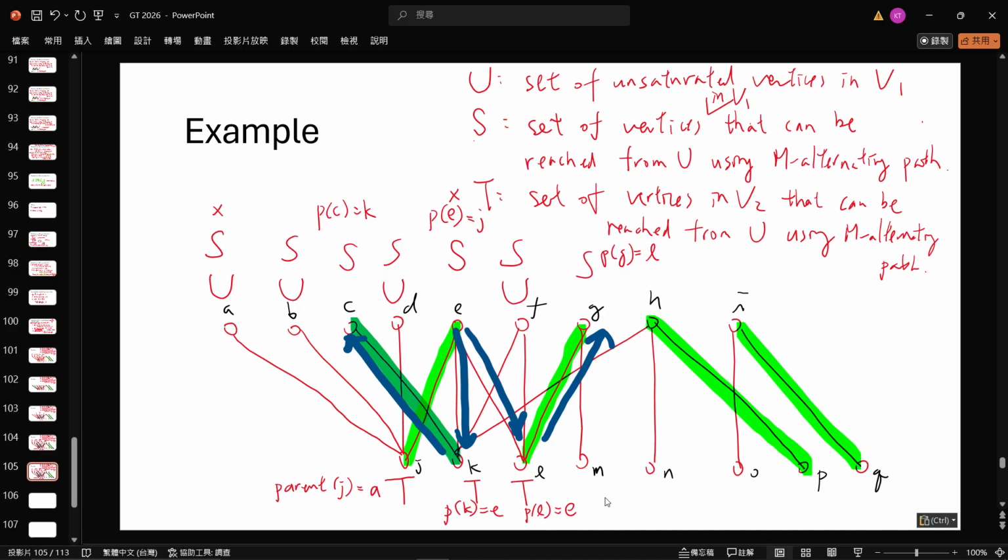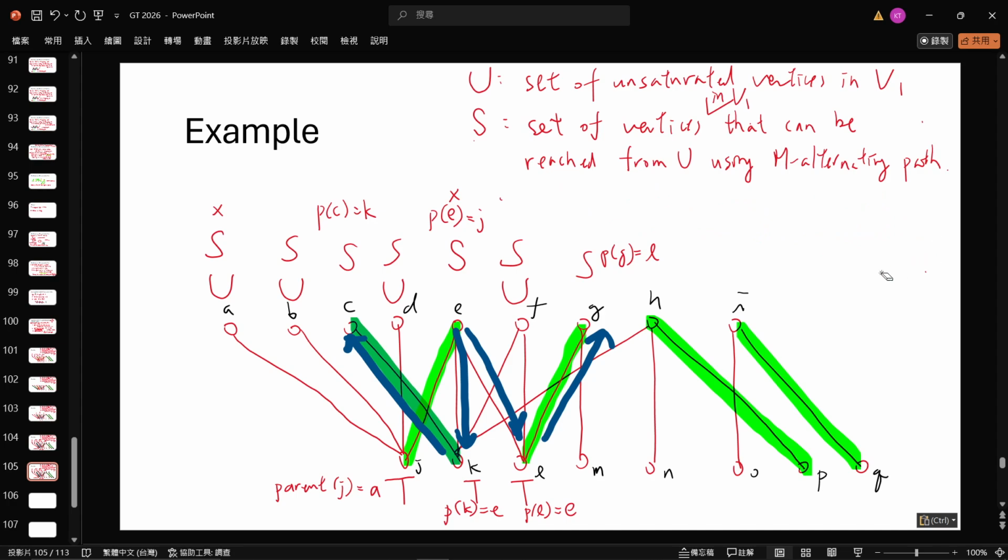Okay, so I'm going to erase this. Now we've checked A and E. So next, let's check G. There's no particular order that we must follow when we pick vertices in S. You can do it like BFS, or you can do it like DFS.